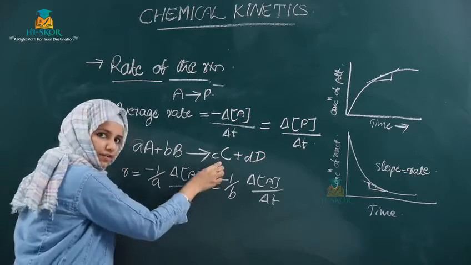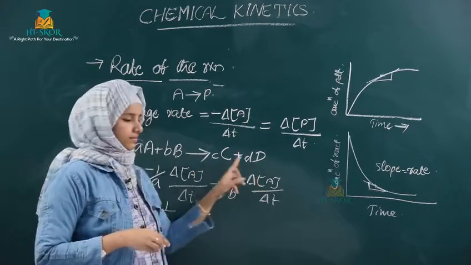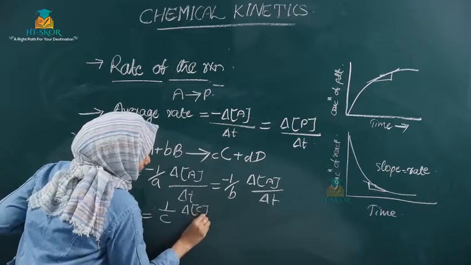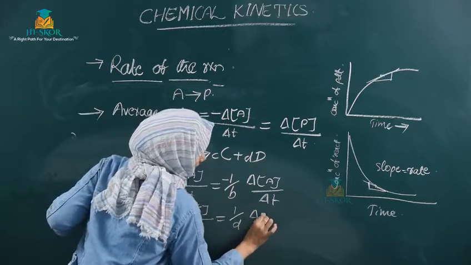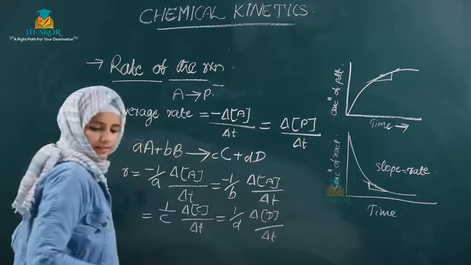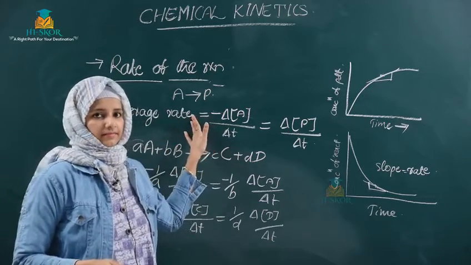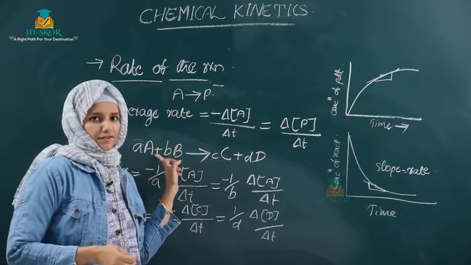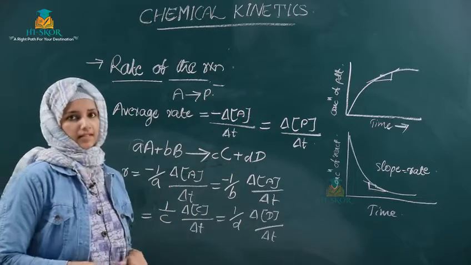Here there is no need for a negative sign, okay, because these are the products. So 1 by c delta C divided by delta T, that is equal to 1 by d delta D divided by delta T. So this is the way you express the rate of a reaction having stoichiometric coefficients. Okay. So this is the general form of expressing the rate.